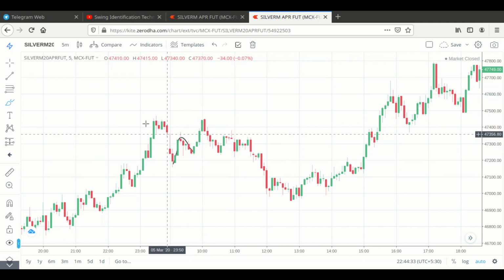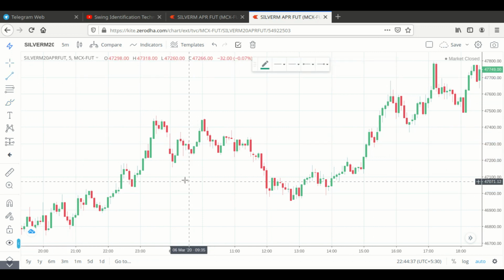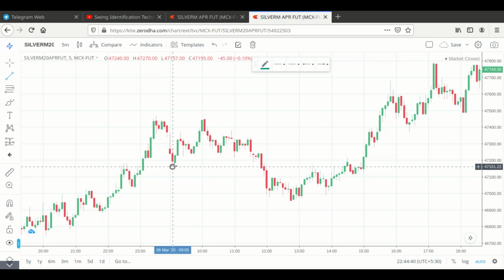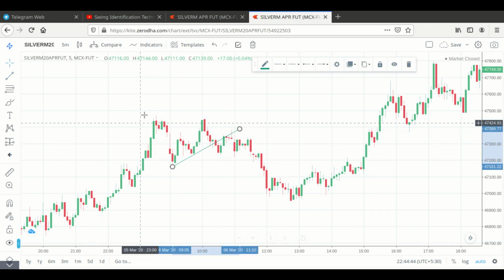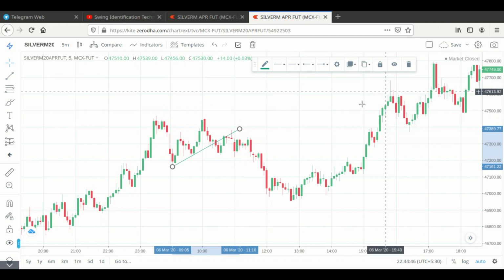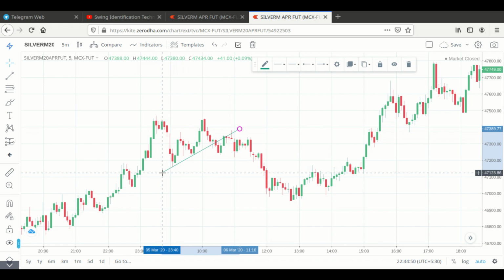So we'll draw a trend line on this by connecting the lows, the wick lows, right? So if you see, I've connected just the wicks over here.